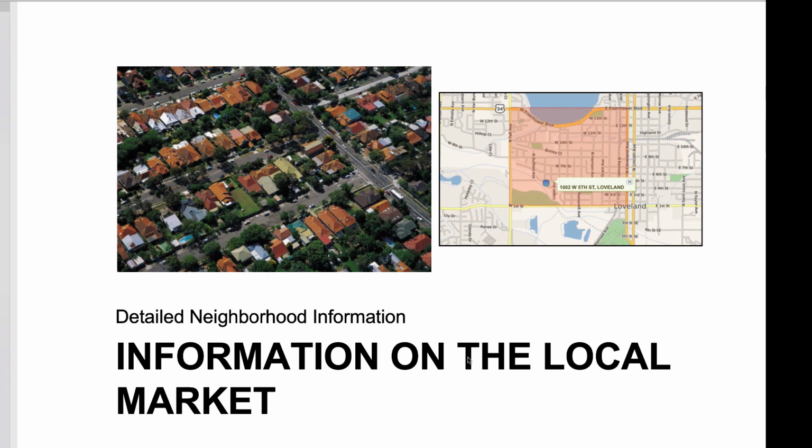Now the next step we're going to do is take a look at information about the local market or the local area. This really is important because it gives us a chance to take a look at what we call the customer profile. You can see right here we looked at all the activity within the 1 mile block. It's a little bit longer than a mile, but we looked at what we call natural boundaries.